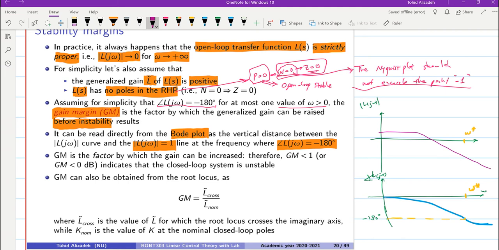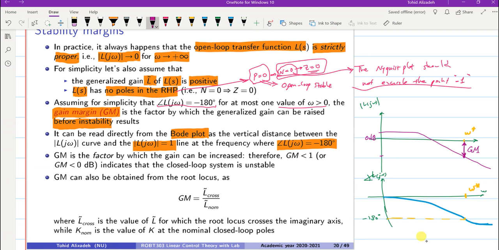We will find the distance between the amplitude of L(jω) at that frequency, which is here, and the 0 dB, or where amplitude is equal to 1. And this will give us the gain margin. So with using the Bode plot, we can determine the gain margin.